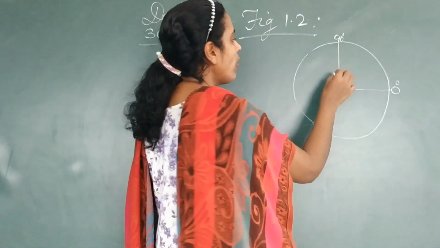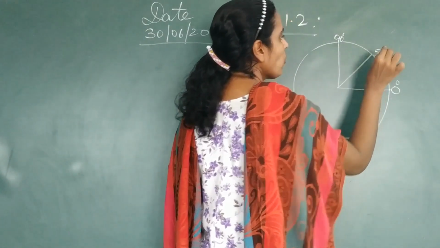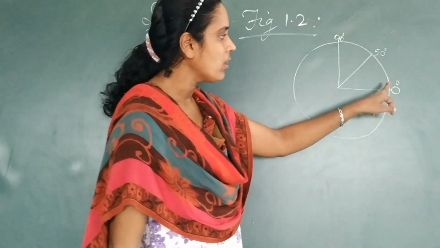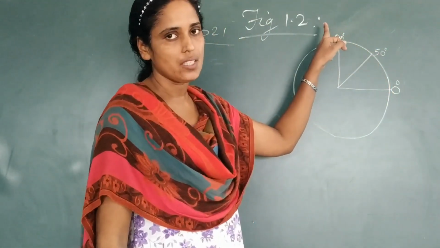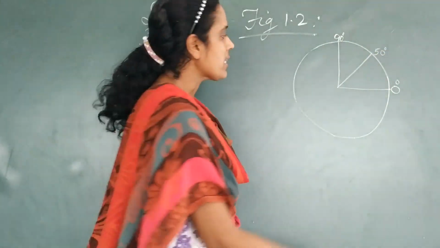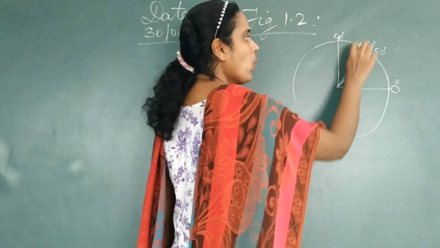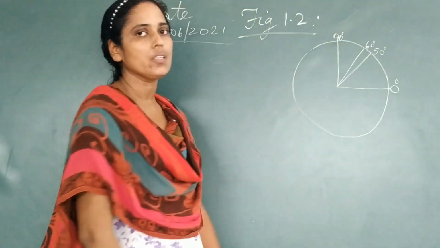For example, I go for 50 degrees. You already know this, you have done it in geometry, maths, so 10, 20, 30, 40 goes on in this way. We'll take only one example. So 50 degrees here. Then if I take the next one, 60 degrees over here. It will go on like 70, 80, and 90 is already over here.